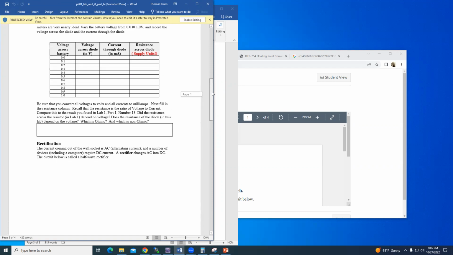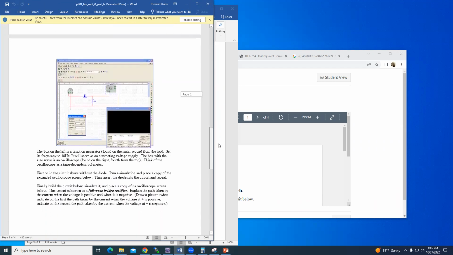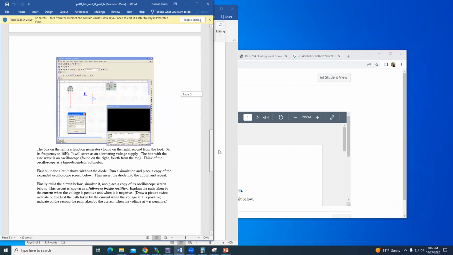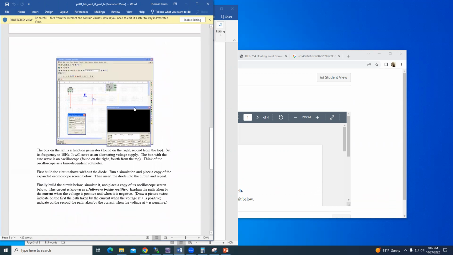Then in 8P, we move into rectification. We start to see what this directionality does. So I'm putting in this as an oscilloscope. We looked at oscilloscopes in the RC. This is over here a function generator. And we put in something that is alternating current, something that has positive and negative parts.